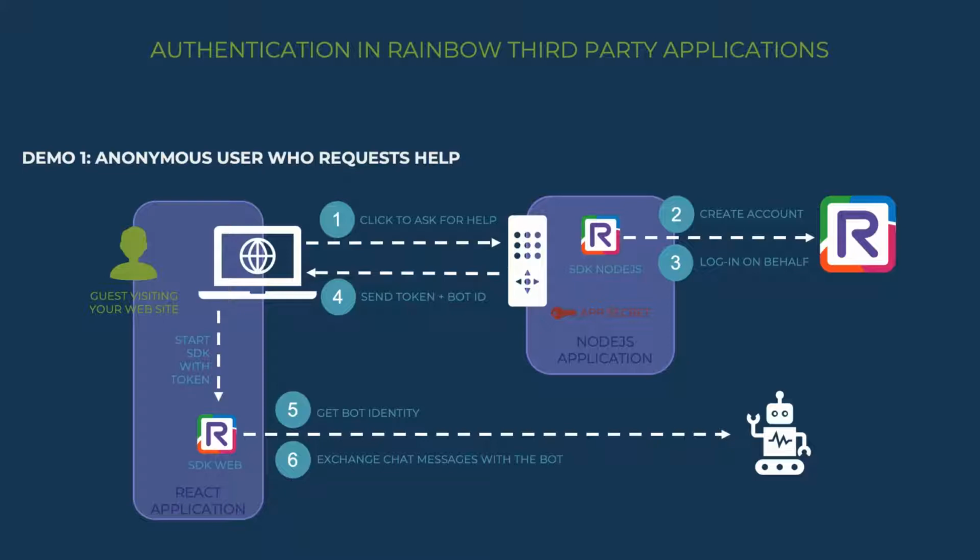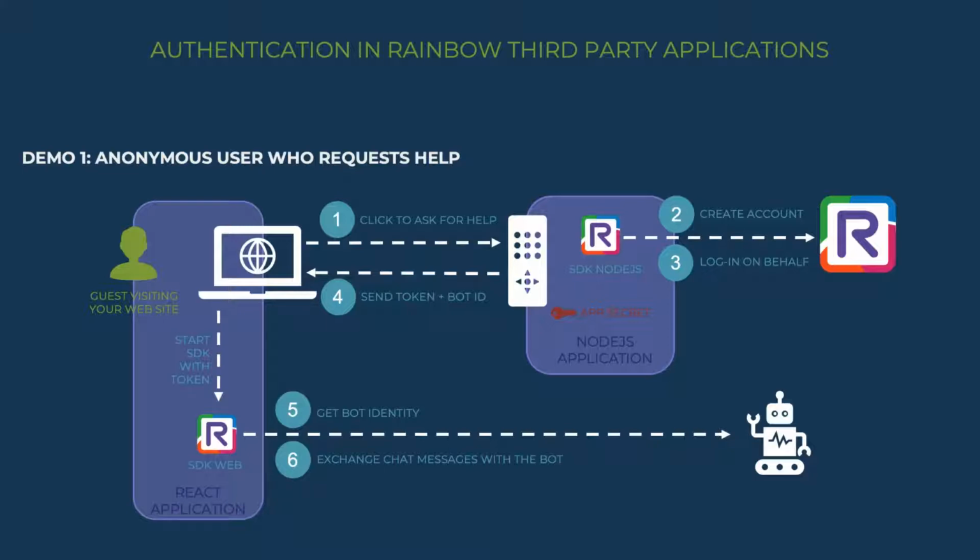And the user who visits the site will be anonymous in order to avoid having to authenticate him first. But regarding Rainbow, this is the same way to handle this case. Instead of creating a new Rainbow guest account, you will have to authenticate him to your existing backend, but you will use the same way to secure the application secret at the end.